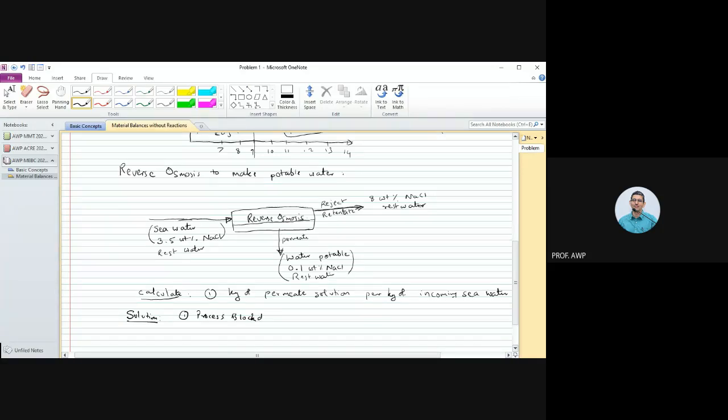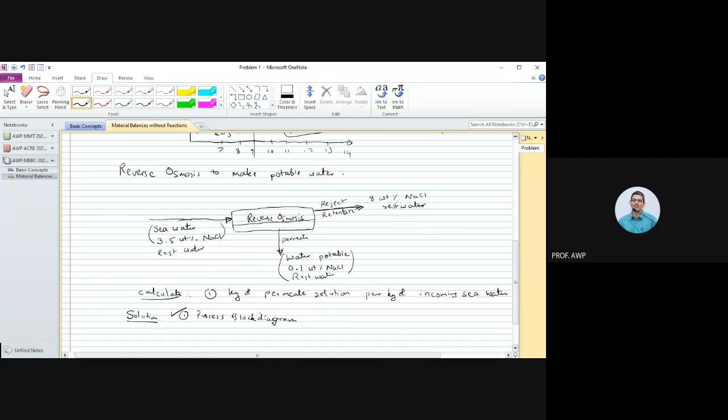We are going to draw a block diagram so that it helps us to visualize what is coming in, what is going out in terms of materials, catalyst, chemicals, energy, all those things, and what is going out in terms of reject, waste, product, byproduct. So we are always going to start with a process block diagram. That is the first and foremost thing.